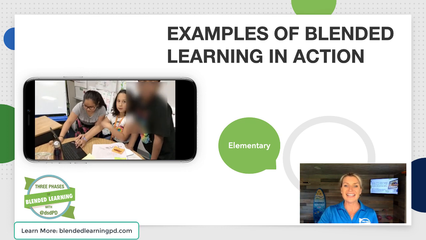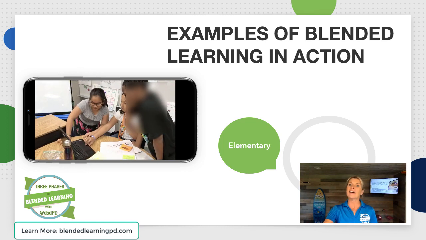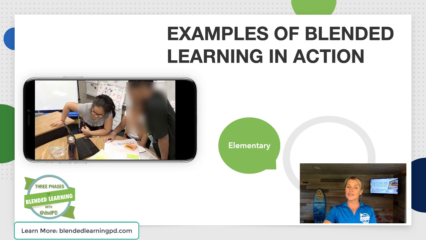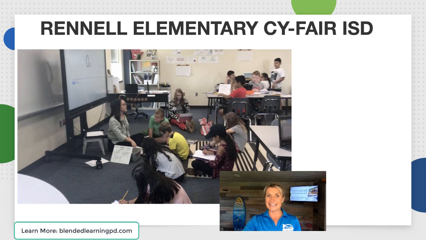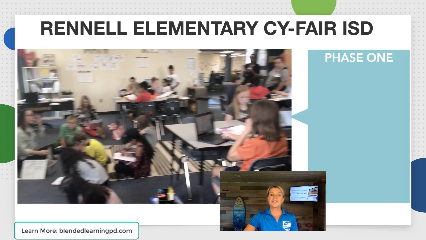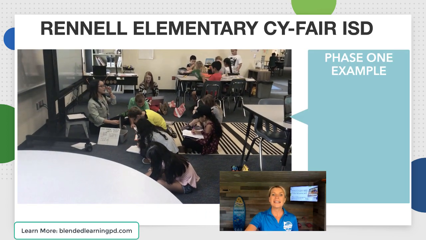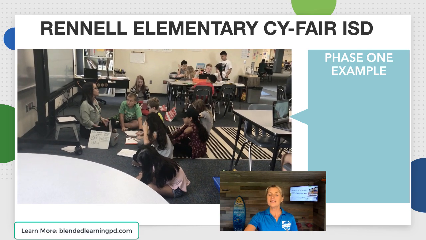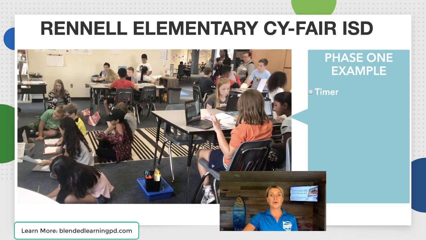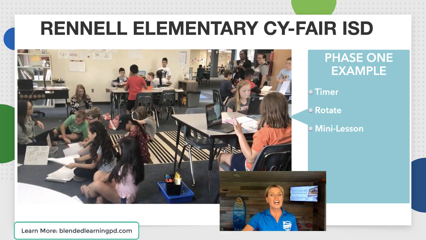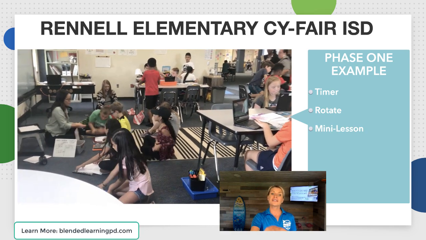So here's what it looks like in the elementary classroom. Again, I'm going to walk you through phase one, phase two, and phase three. This is Rennell Elementary in Cypher ISD, Texas, and what you're going to see is a fourth grade classroom in a phase one learning environment. The timer just went off. The students are going to get up from that learning studio and rotate to the next studio. There is going to be a mini lesson, which you can see right there in the classroom.